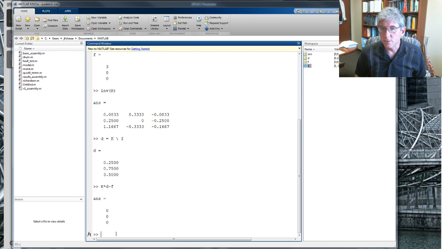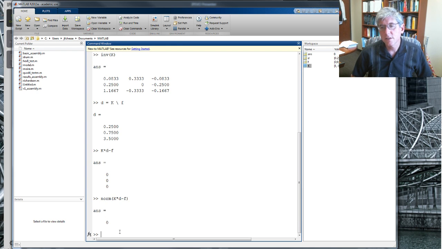So you might want to say, is it close to 0? So we would use a norm, like the L2 norm, which is basically the same as the Euclidean length of the vector. So you could take the norm of the residual of KD minus F, and here you can see it's 0. So it satisfies it.